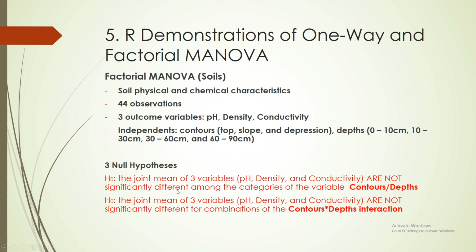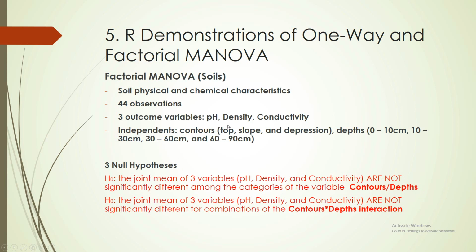And 3 null hypotheses are going to be tested using this factorial MANOVA. The first 2 null hypotheses are that the joint means of the 3 outcome variables are not significantly different among the categories of the contour variable and the depth variable.